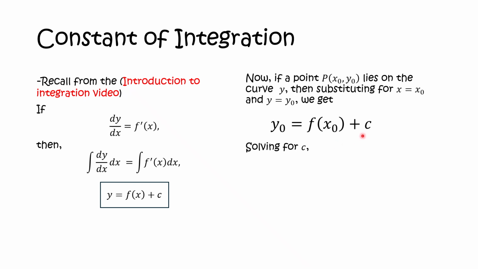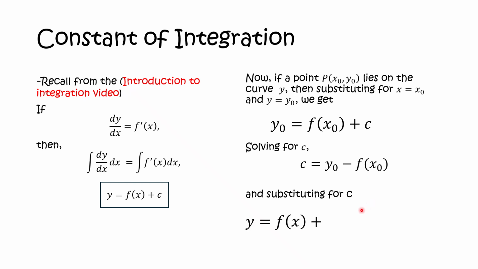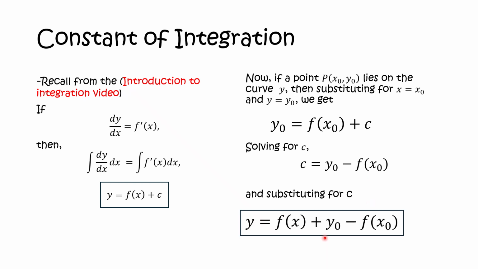Then solving for c, we get c is equal to y0 minus f of x0. Then substituting for the c back into the y equation, we would have y is equal to f of x plus y0 minus f of x0.